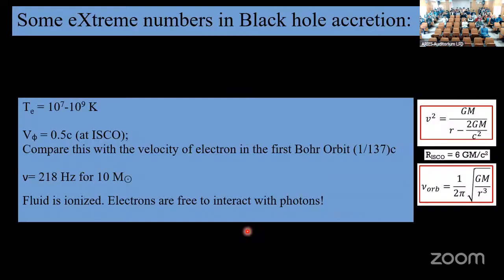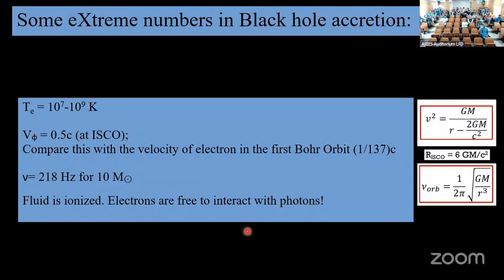So to understand a few parameters, let's look into the numbers around black hole accretion. The electron temperature is roughly 10 to the power 7 to 10 to the power 9 Kelvin. And the velocity of one electron moving around the ISCO, which is the innermost stable circular orbit, is 0.5 c. Now, if you compare this, the first orbit of the Bohr electron has 1/137 c.